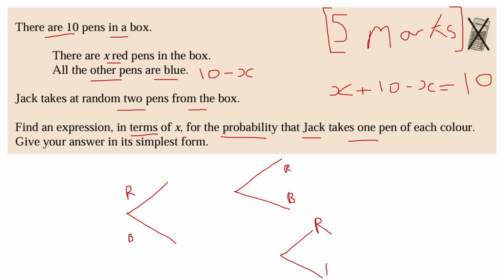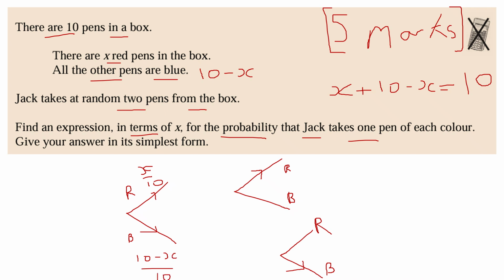So we're looking for this branch times this branch, and this branch times this branch. For red, there's going to be X out of 10, so X tenths, and there's going to be 10 minus X tenths blue pens in the box. Hopefully you're happy with that.